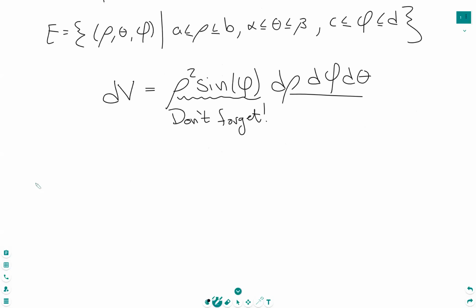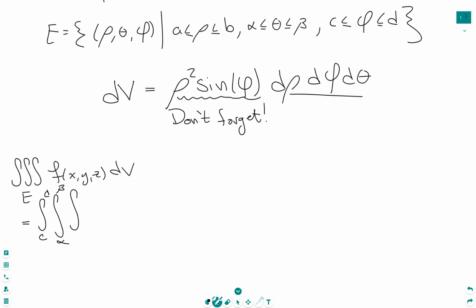So if I were to write, using the same region E, the triple integral over E of some f of x, y, and z dV, we can write this as the integral from C to D, the integral from alpha to beta, then from A to B of f, and then I have to translate all of these.